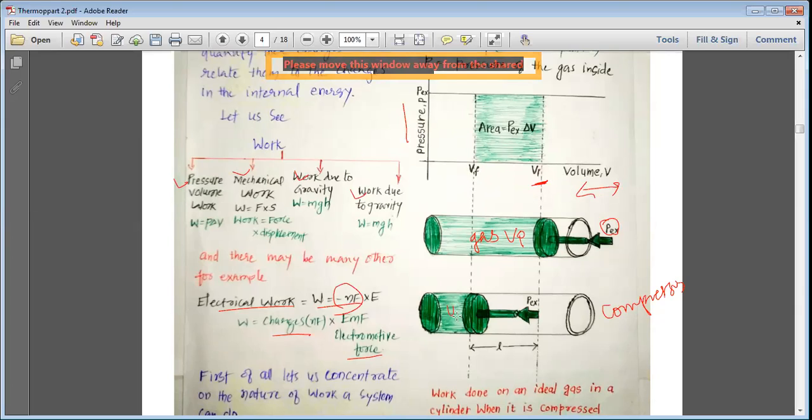This area, length into breadth, has delta V and the external pressure P external, so we can write that area is equal to P external multiplied by delta V.